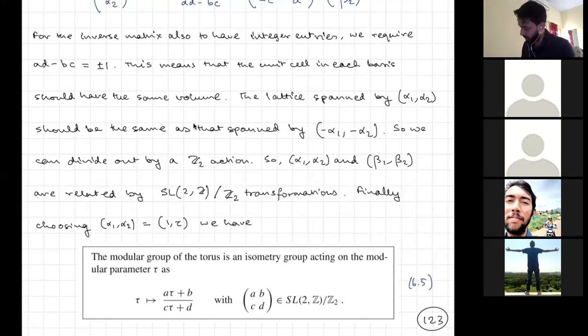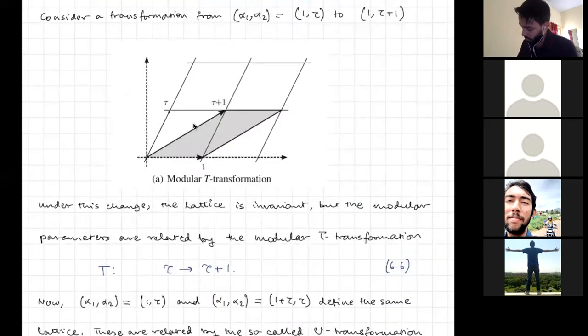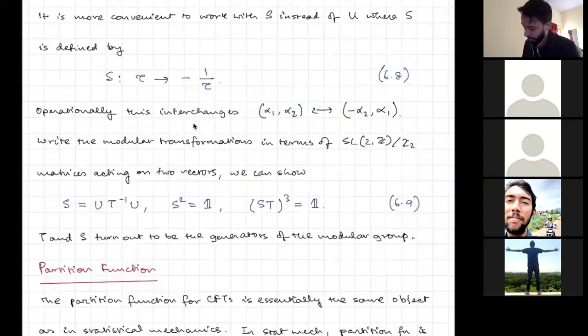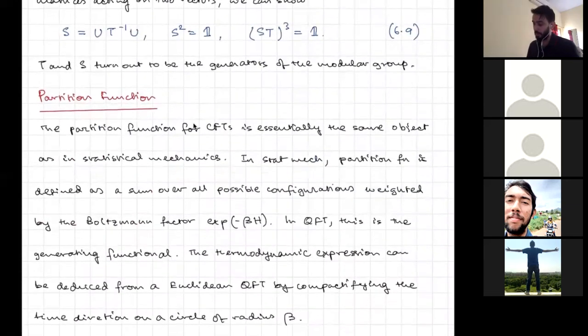So if there are no more questions, let me try and move on. What we want to do is understand what the partition function is. Now remember, this is something that you all are going to be pretty at home with. But what is a partition function?